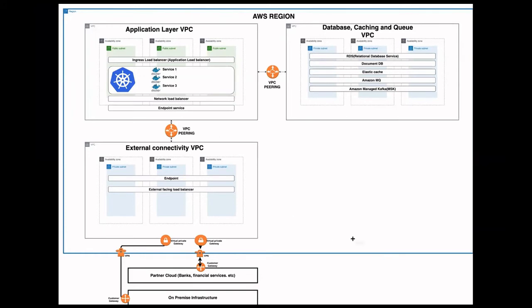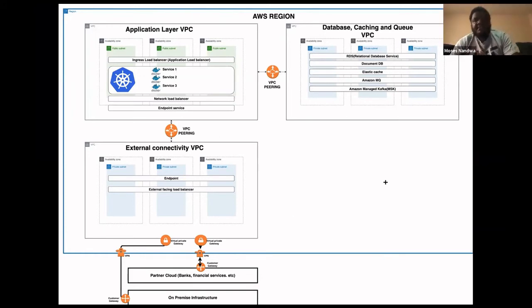Okay. So AWS has many regions. When you start your journey with AWS, the first thing that you need to identify is the nearest region to your location.